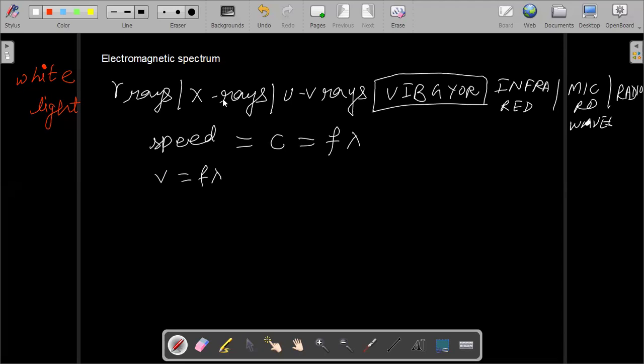Since the speed is constant for all of them, there will be a variation of frequency and wavelength. The light which has a higher frequency has a lower wavelength, and the light which has a lower frequency has a higher wavelength.